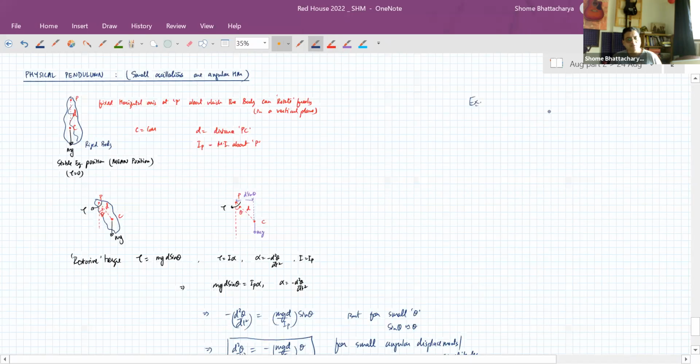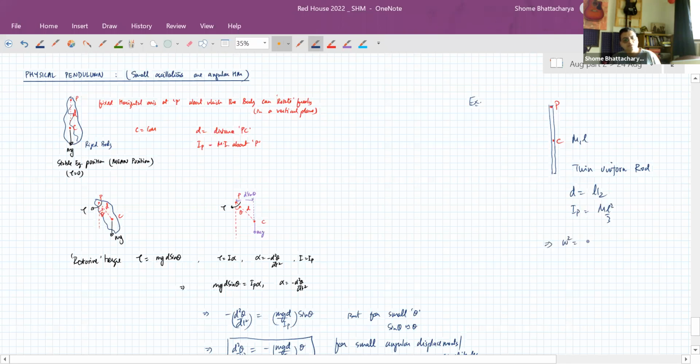So suppose our physical pendulum is just a thin uniform rod. Okay. And its point of suspension is the topmost point P. Then we can see in this case, the value of d will just be L by 2 if the mass of the rod is M and length L, and moment of inertia about P will be ML square by 3.